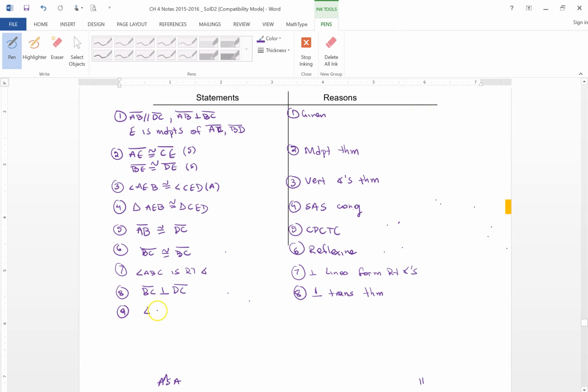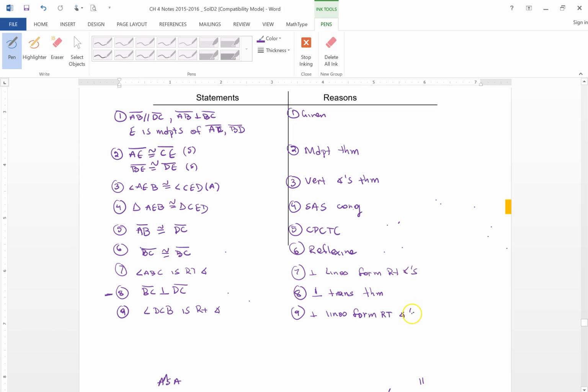So angle DCB is a right angle. By the way, we can combine this and this. You can combine this and this if you say this one first. So if we say this one first, then you can combine 7 and 9. But this is fine as well. So this is perpendicular lines form right angles.